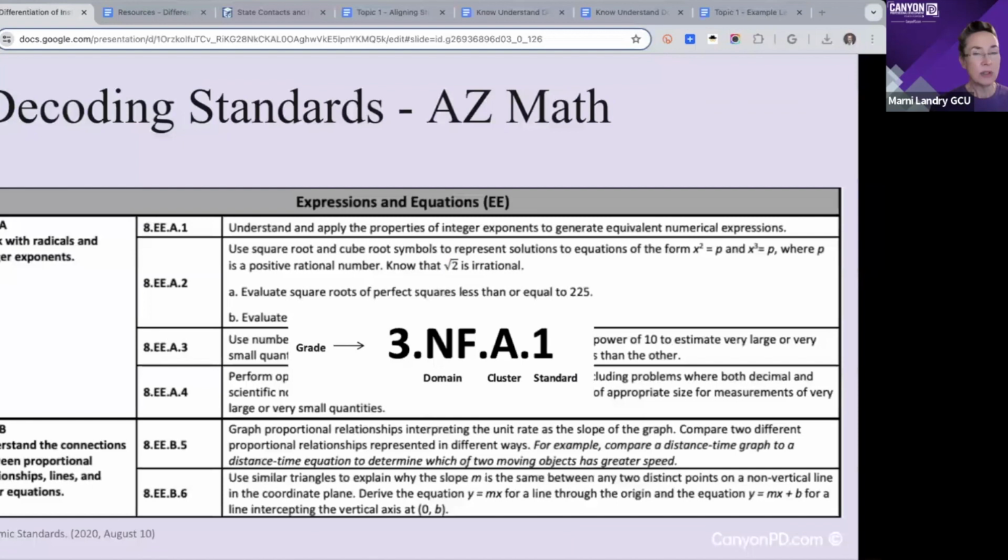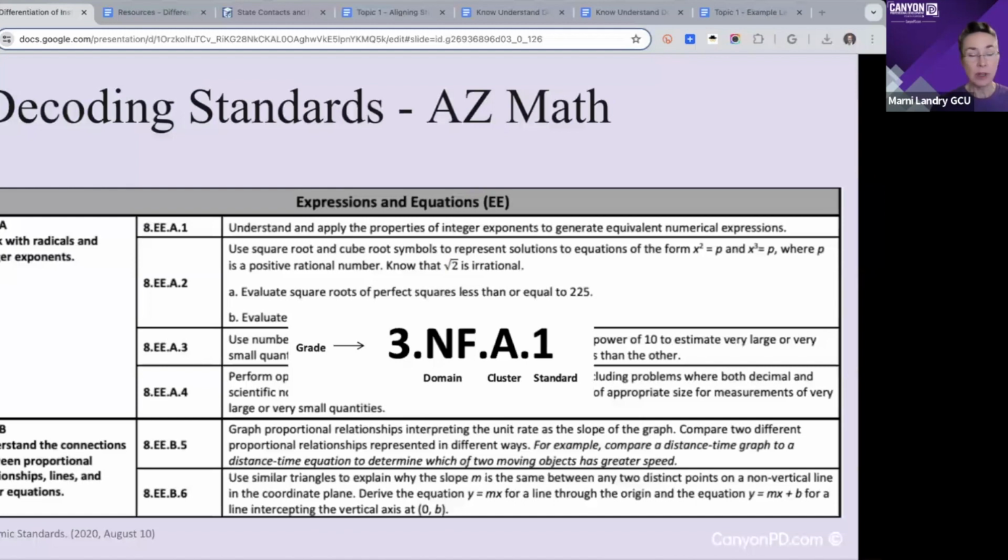When you get into the standards portion, you'll notice that the numbered and lettered clusters on the far left are further broken into standards. So how to read this is you'll notice on the table in the background, the number 8 refers to the grade. EE refers to the domain of expressions and equations.